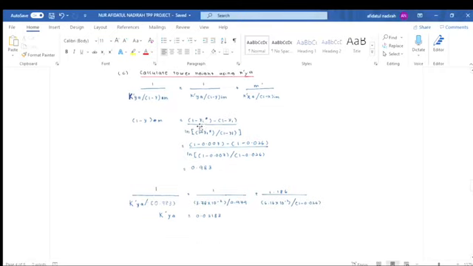The formula is here: (1 minus yi star minus 1 minus y1) divided by ln of (1 minus yi star) divided by (1 minus y1). The value of y1 is already given in the question, but the only problem here is we don't know the value of yi1 star.